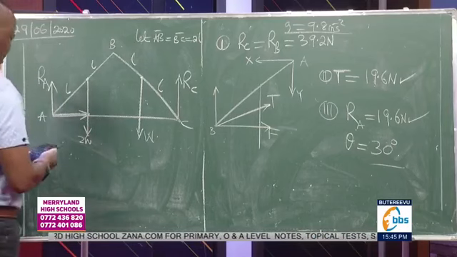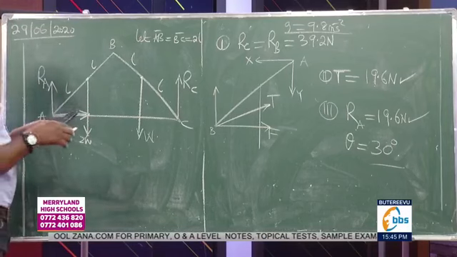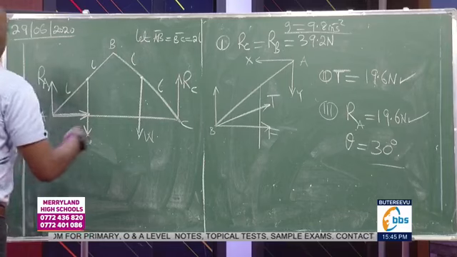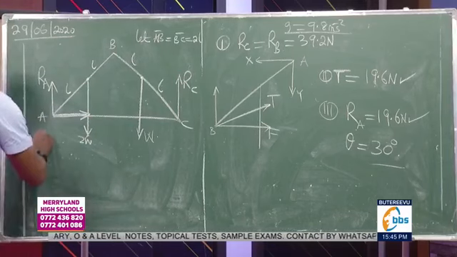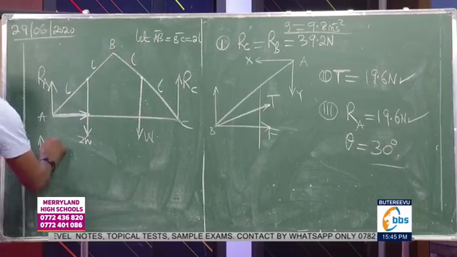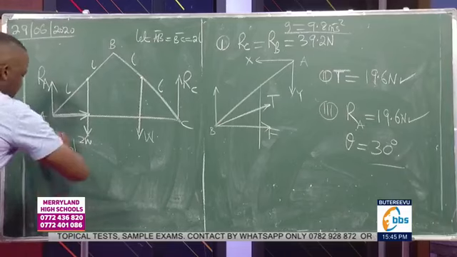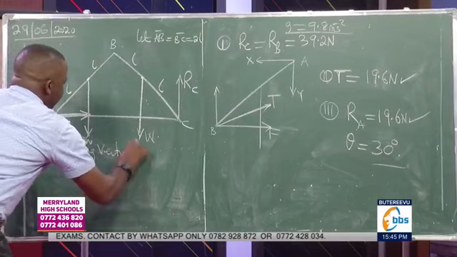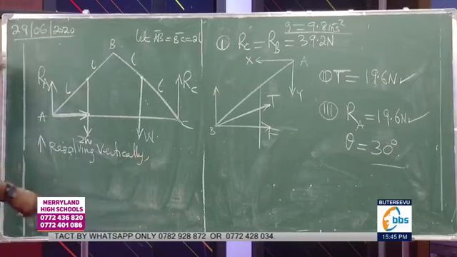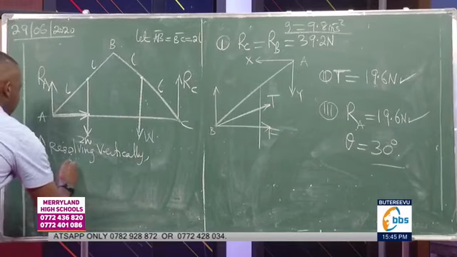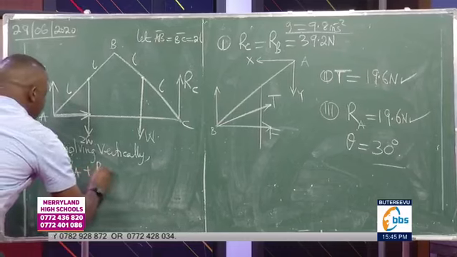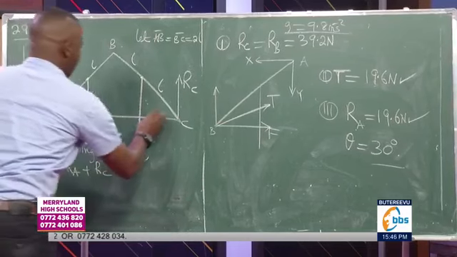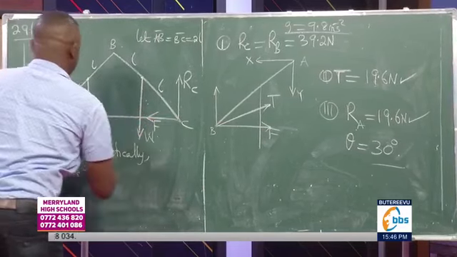Now we are going to resolve vertically and horizontally. If we consider resolving vertically, we shall have RA, the reaction at A, plus the reaction at C. We also have the friction forces here, which I should not forget.